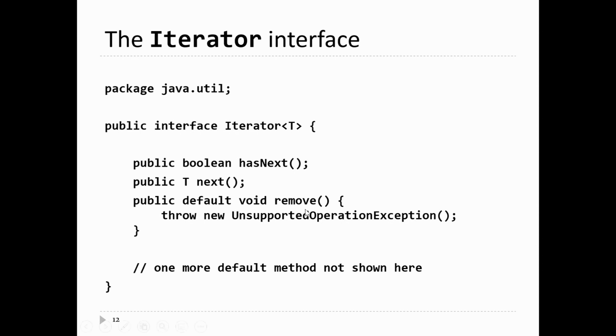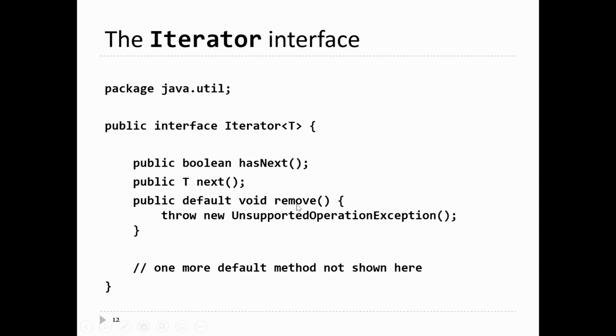Remove removes the element that was last returned by next. So we'll come back to remove in a second. It's a default method in the interface, which is a way to create an optional method in an interface. Many of the standard library interfaces, when you look at the documentation for the methods, say this method is optional. It's a bit strange to have an optional method.